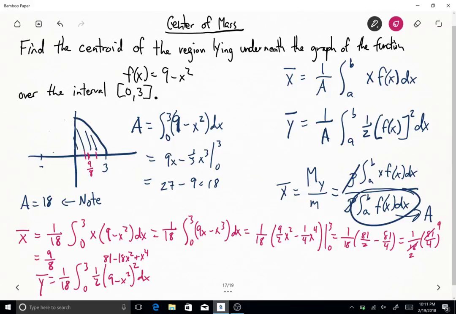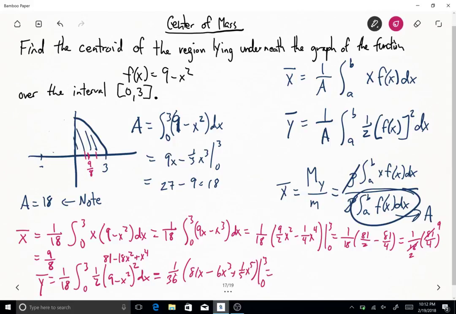And we know all those antiderivatives, so this thing is equal to 1/18, and then actually, let's pull that 1/2 out in front as well. So we get 1/36, and then we have 81x, and for 18x squared, the antiderivative would be 18/3 x cubed, so that's 6x cubed, and then 1/5 x to the 5th. Wowzers. So that's going to be a nice one. Evaluated at 0 and 3.